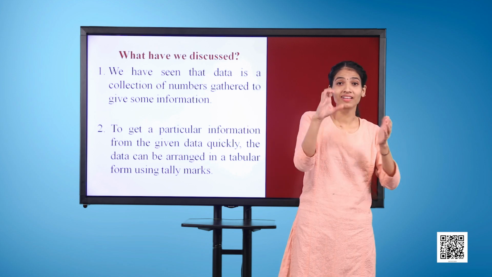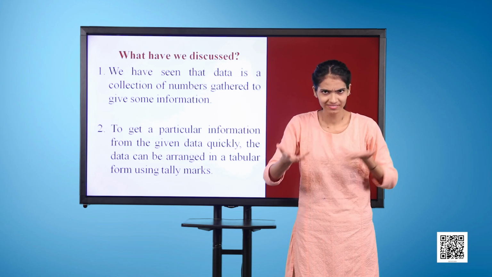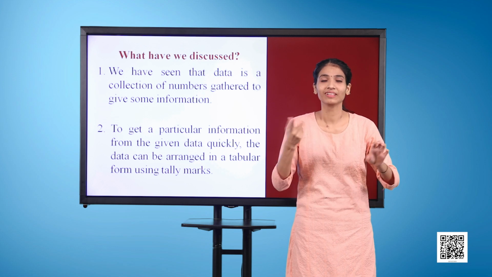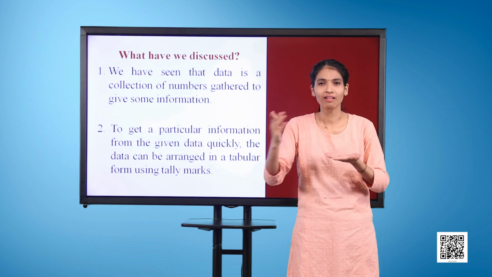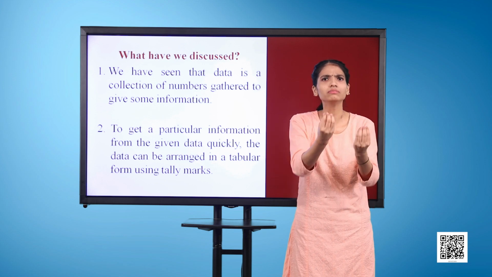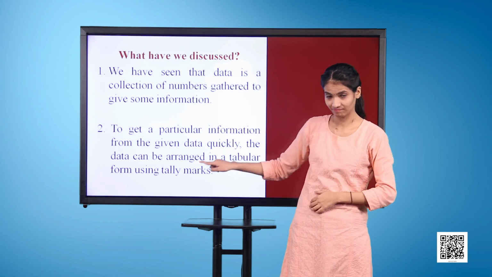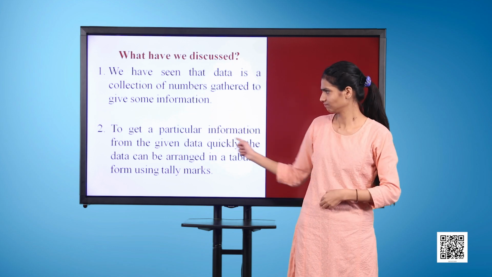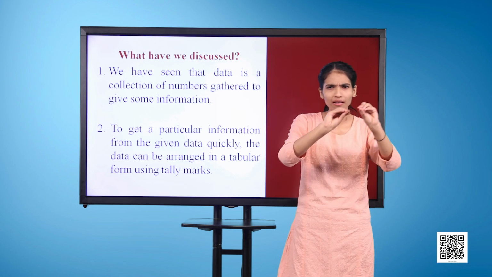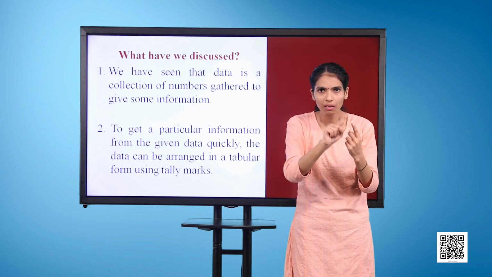What have we discussed? One. We have seen that data is a collection of numbers gathered to give some information. 2. To get a particular information from the given data quickly, the data can be arranged in a tabular form using tally marks.